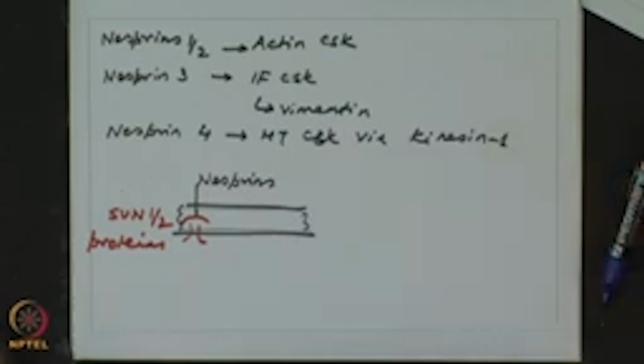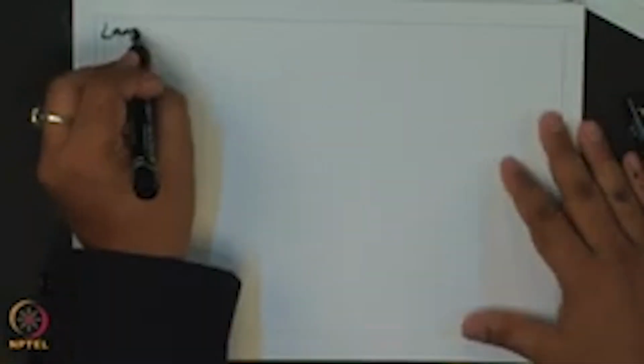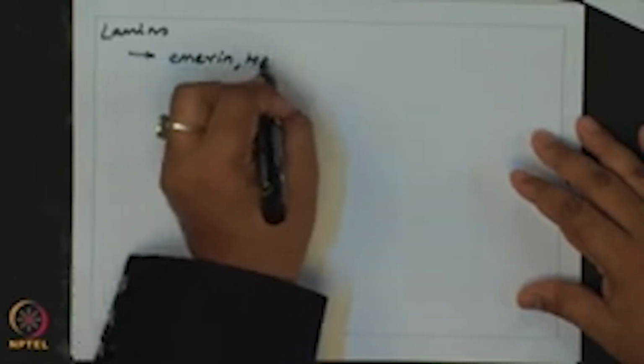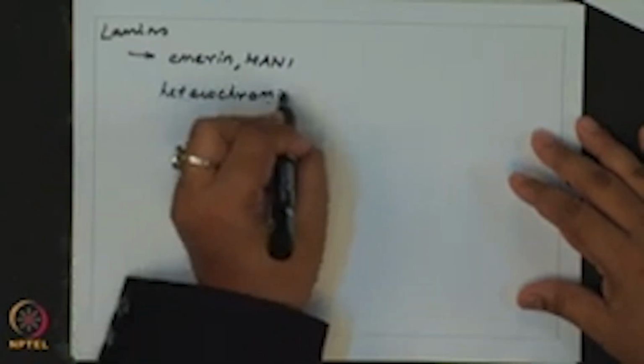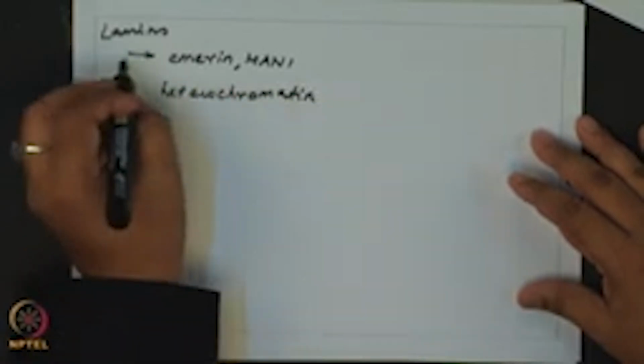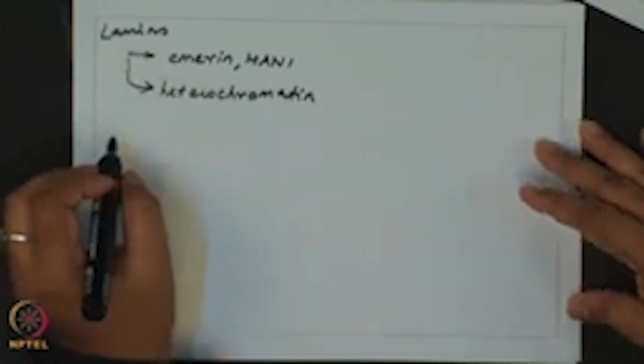Okay. So, lamins bind to large other nuclear membrane proteins, and that is where you have other proteins like emerin or MAN1 as well as heterochromatin. Lamins are known to bind to all of these.